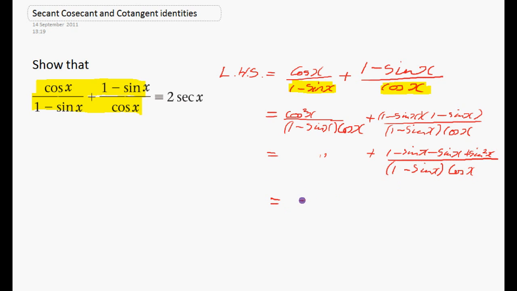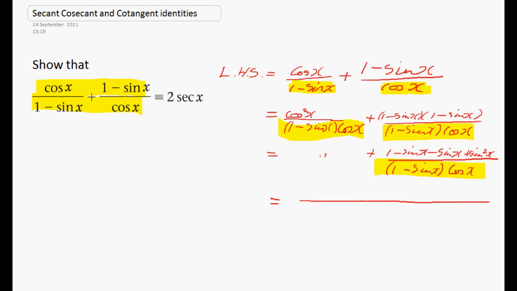Now I'm going to write this all out as one fraction, because I've got all of this here and all of this here. I'm going to combine these two. Look, the denominators are now the same. Let's just highlight them so you can see them. The denominator was there, 1 minus sin x cos x. I've not changed the denominator here, so I can combine them.